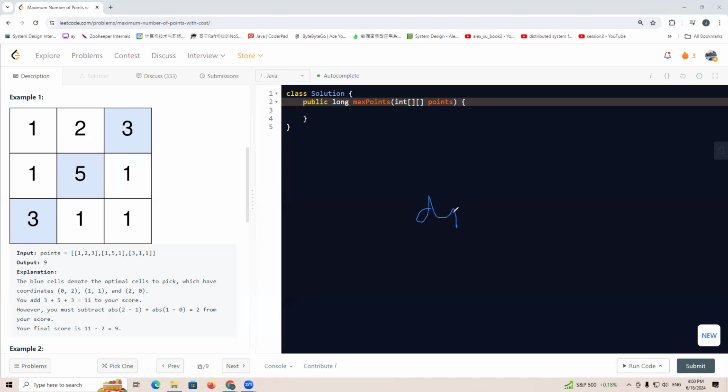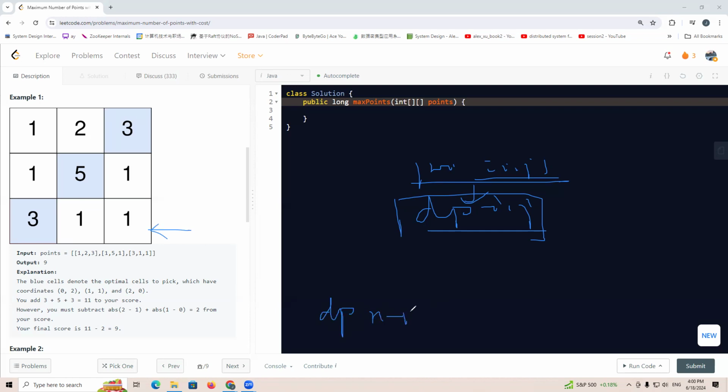For every dp[i][j], if we collect the points at row i, column j, it is the maximal points we collect so far. So in the end, what we need is to compare the last row, dp[n minus 1][j] where j is from 0 to m minus 1, and find the largest value in the last row.